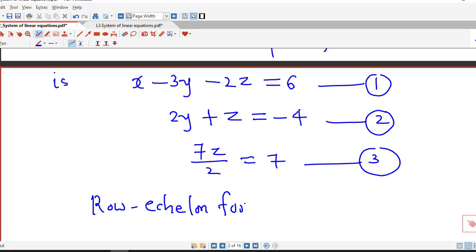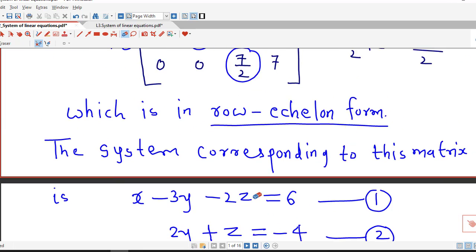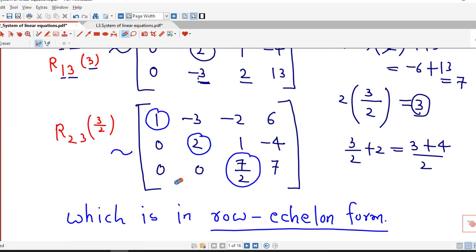It is corresponding to row echelon form of augmented matrix, and this row echelon form is obtained from augmented matrix. So row echelon form or row echelon matrix, that is this matrix, is equivalent to augmented matrix.